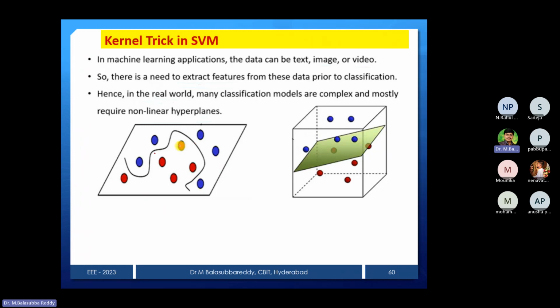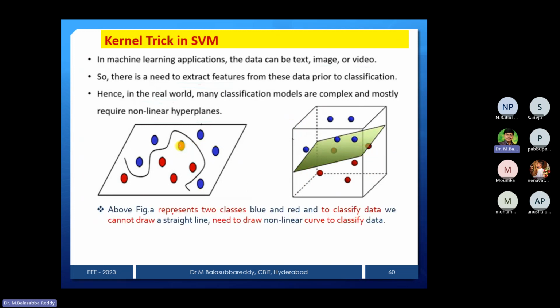It is not possible to draw such lines directly, so we convert this to another plane. All these points we have to make into a 3D plane. Now we can observe that in this plane, if I divide with a line like this, the upper side is all blue and the lower side is all red. The division is very clear if I convert the data into this form.